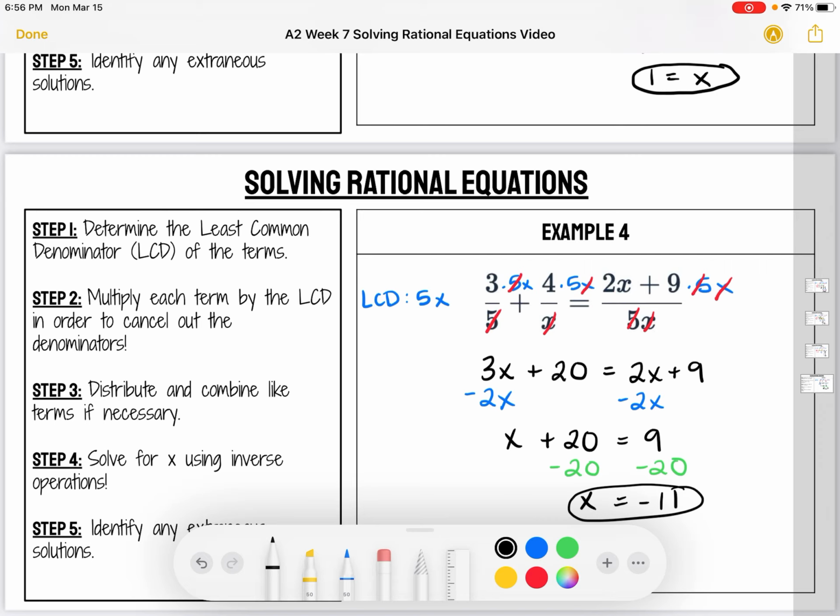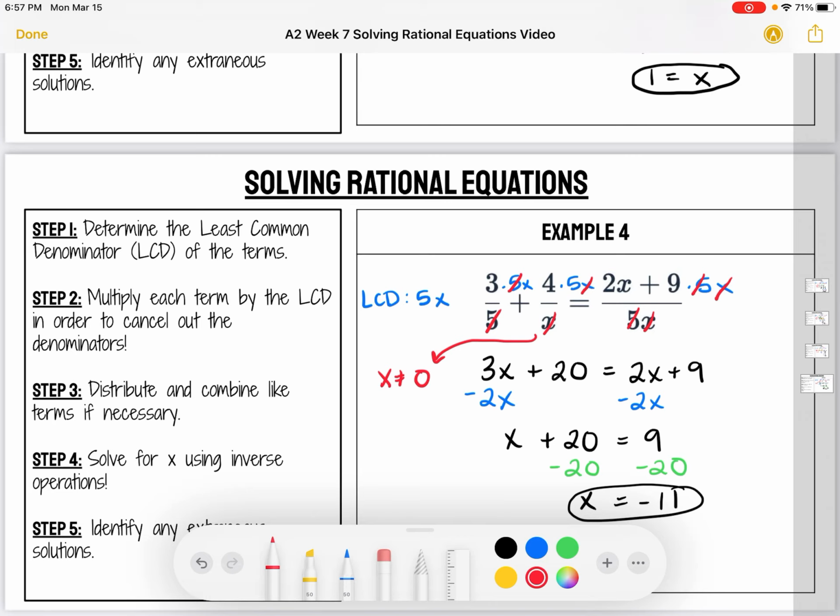Now I just need to think if that's going to be extraneous. So with this, if 5 is my denominator for the first term, that's never going to be 0 no matter what I plug in for x. The x, we never want that to be 0, so that means x can't be equal to 0. And then same thing with the 5x, it's just like before with the 10x.